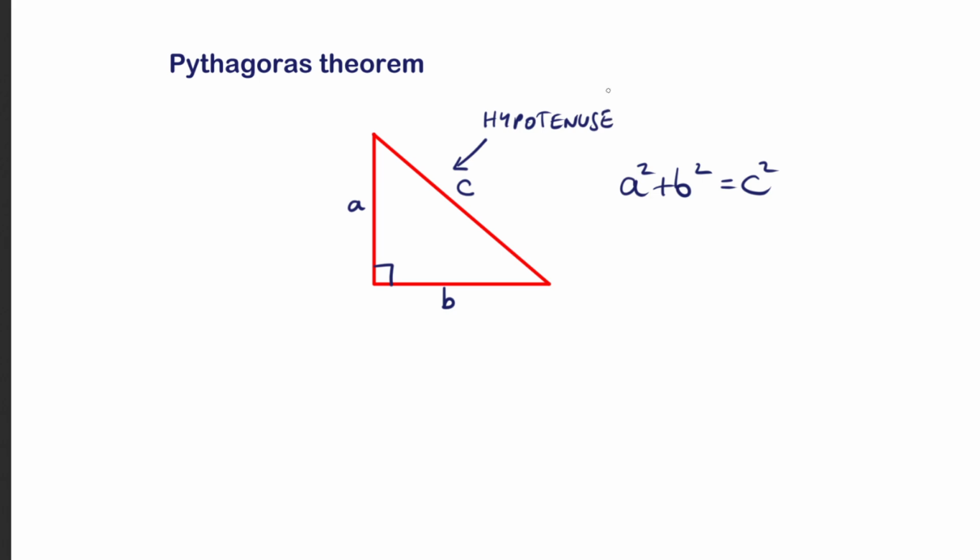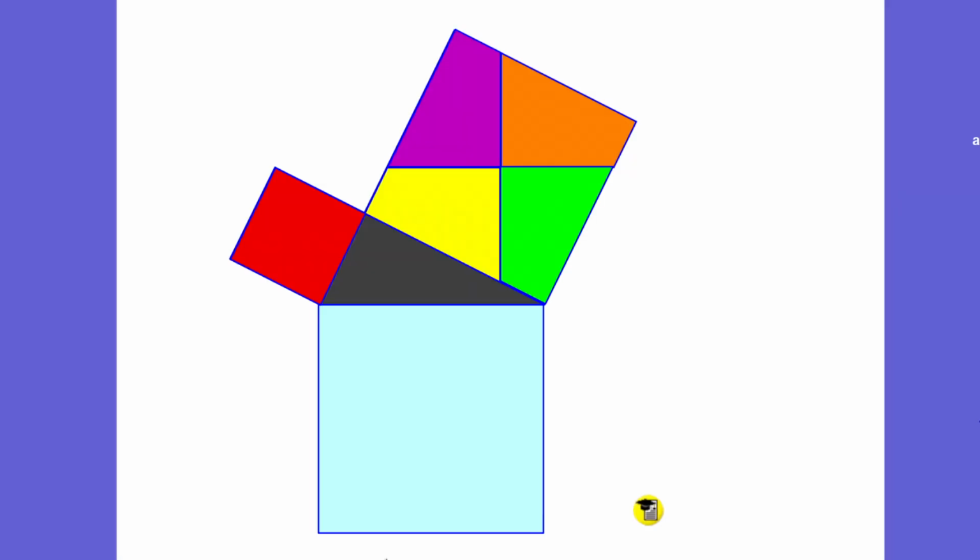Okay, first of all, I'm going to show you a demonstration that Pythagoras actually works. So here, the grey triangle is a right-angled triangle because it has a 90-degree angle here. Now, what I've got here is a square which has a length the same as this side of the triangle.